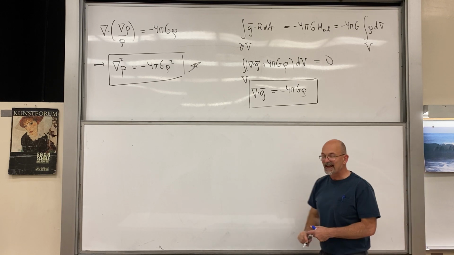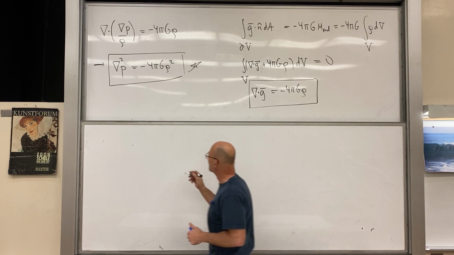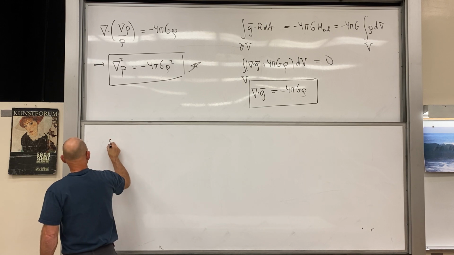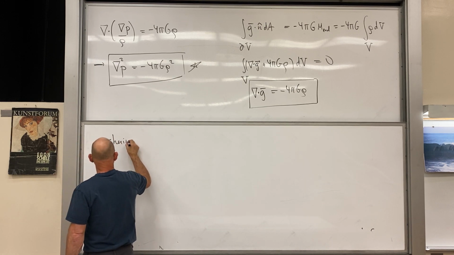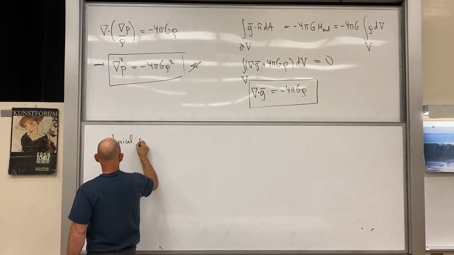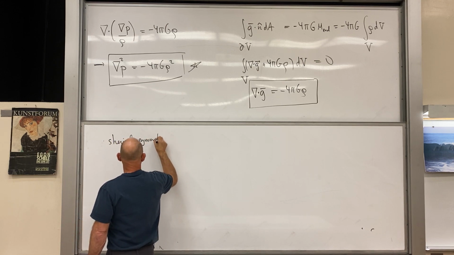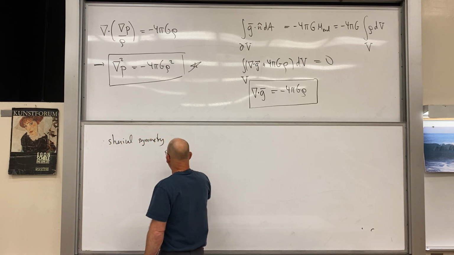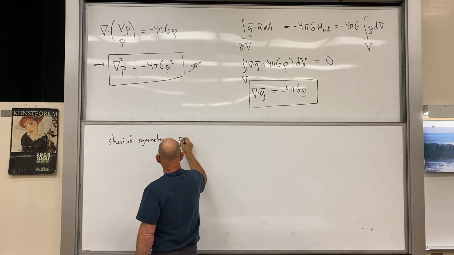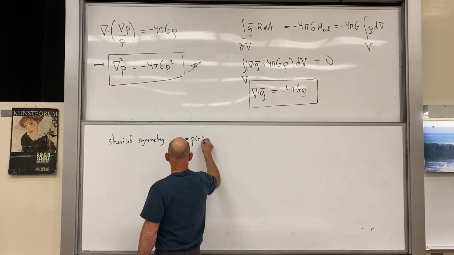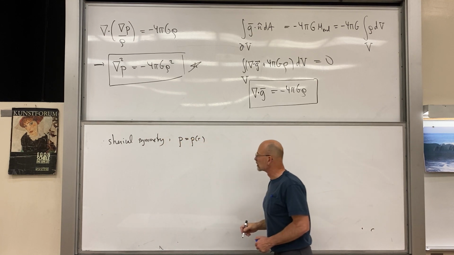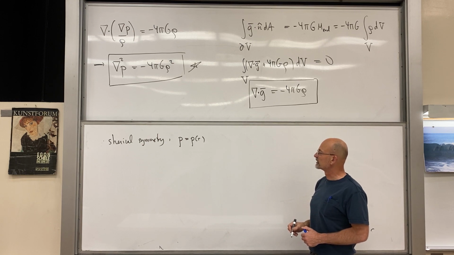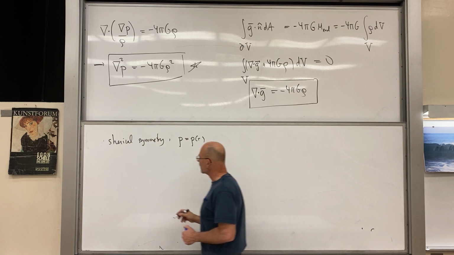Okay, so now we certainly have spherical symmetry, we've assumed it. So P is just a function of r in spherical coordinates, the radial distance. So we need this del squared operator.